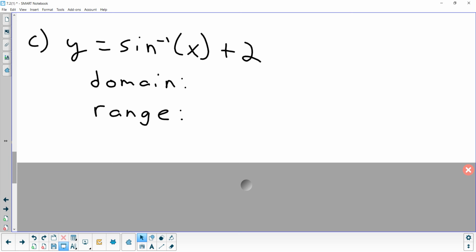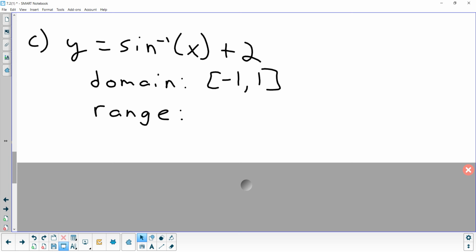And Jack, what's the domain for inverse sine? Negative 1 to 1. Yep, negative 1 to 1. And now we're taking the range and we're shifting it up 2.